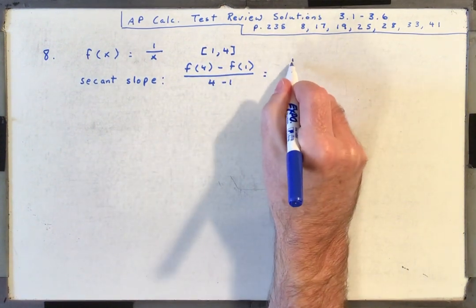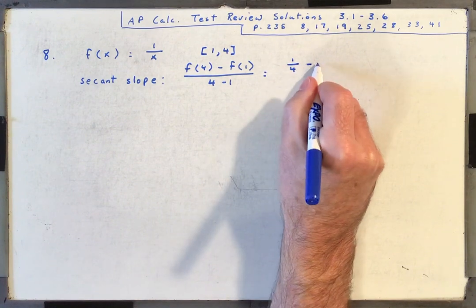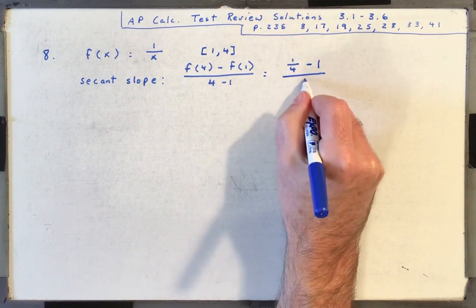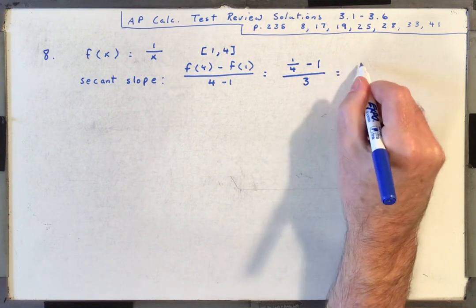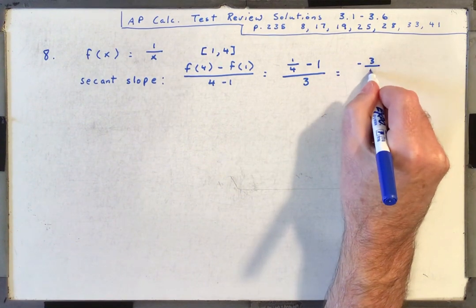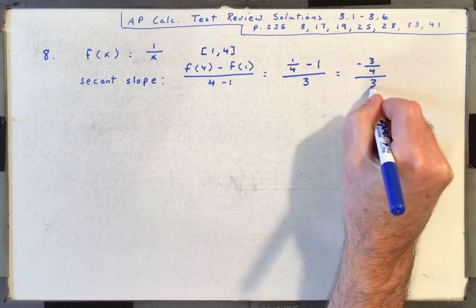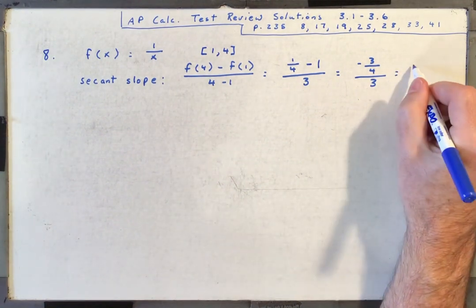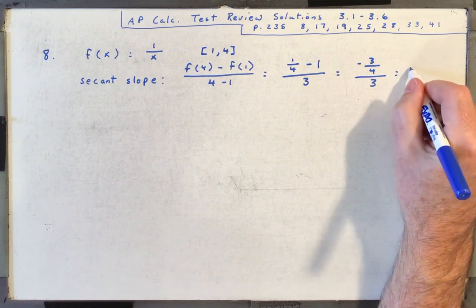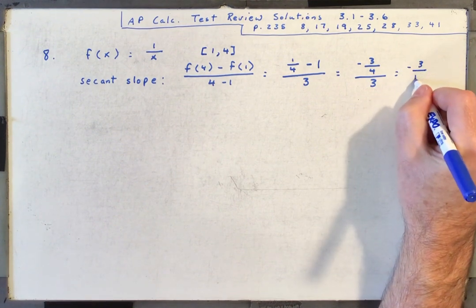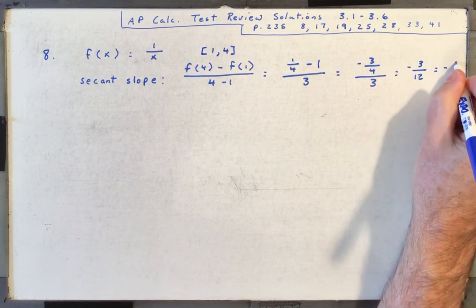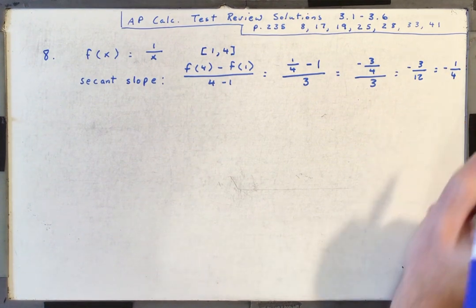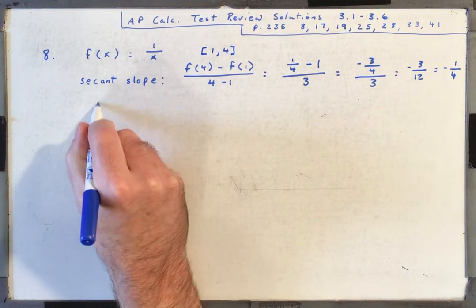So that's 1/4 minus 1 over 3. That'd be negative 3/4 over 3. That's the same as negative 3/12, which is negative 1/4.